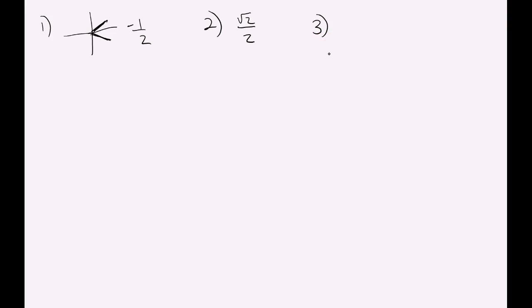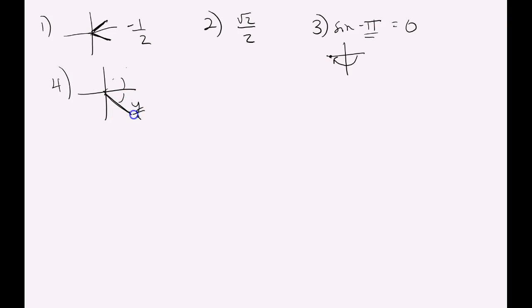Number 3, the sine of negative pi. Okay, well, negative pi just means to go this way around the circle, but you're still going to end up at pi, and so the y value there is 0. Number 4, the tangent of negative pi over 4. Well, if this is positive pi over 4, then this is negative pi over 4, okay?